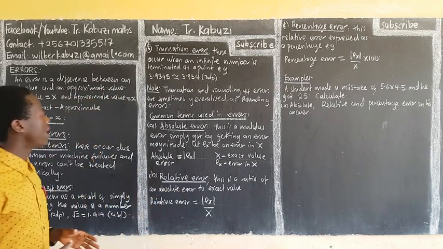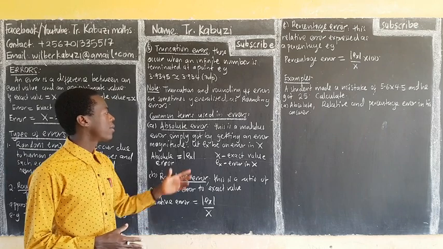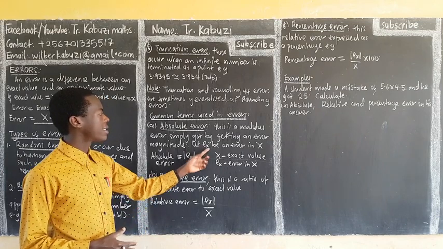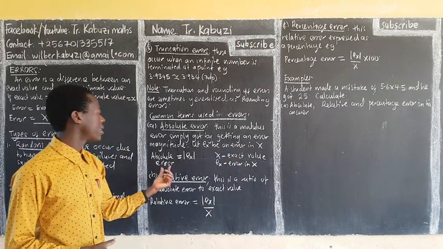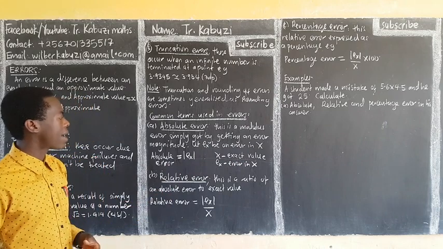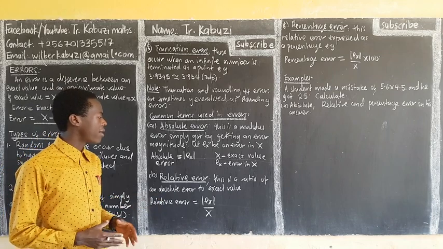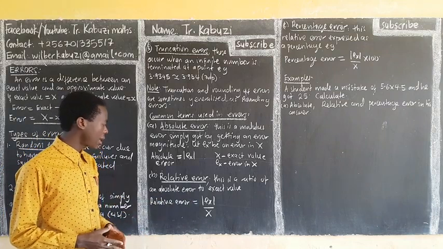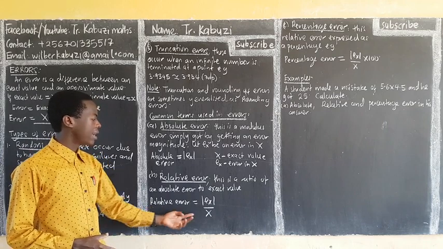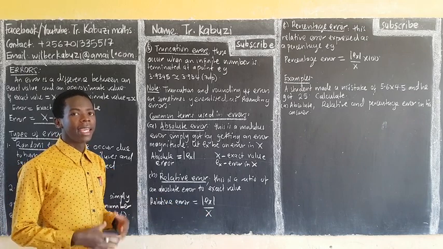Common terms used in errors. A, absolute error. This is a modulus error, simply got by taking the error's magnitude. So if we have an error in x, the absolute error is the modulus of that. In simple terms, absolute errors are always positive. Then relative error, this is the ratio of the absolute error to the exact value. So relative error is the value of the error divided by the exact value.